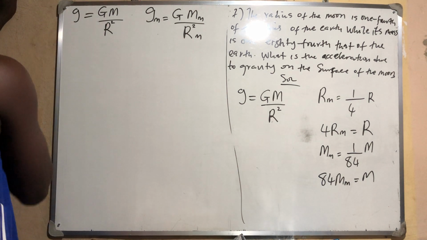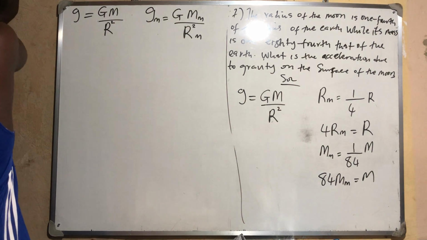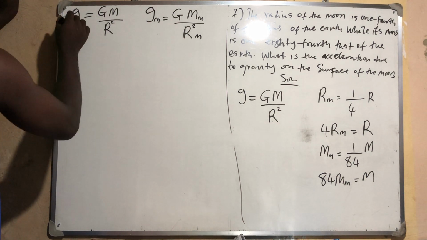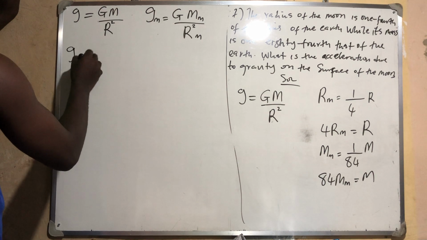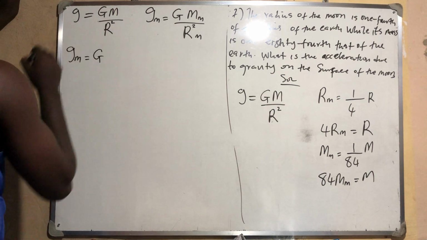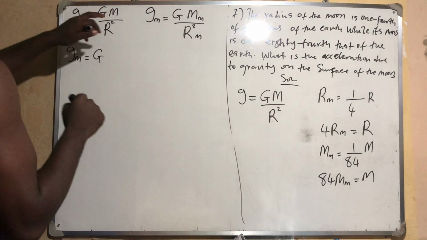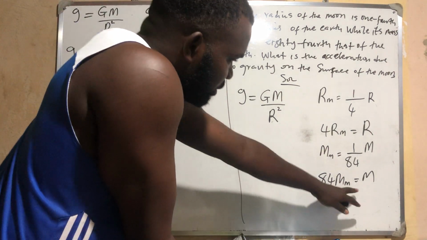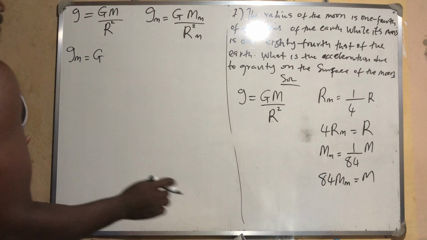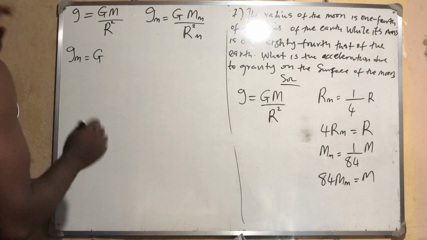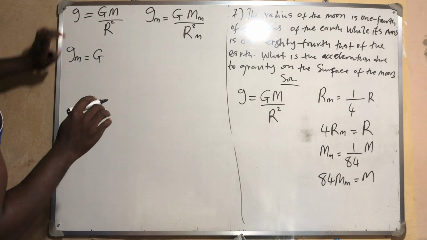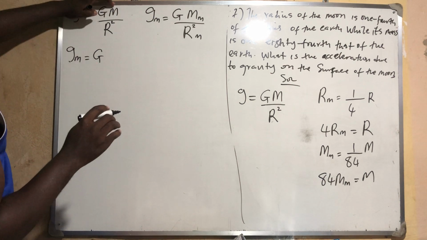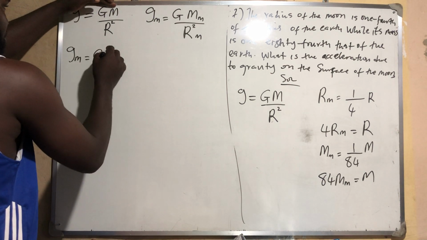If I substitute everything, my g for the moon will be my normal g, but the mass will now change. The mass of the earth is 84 times the mass of the moon.